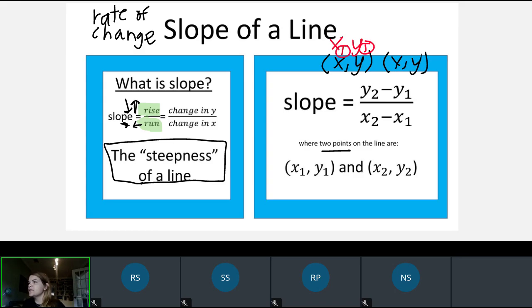It's saying this is the x from the first pair and the y from the first pair. This is the x from the second pair and the y from the second pair. Because we don't want to get our x's and y's confused. So the slope formula tells us we're going to take the y value from the second pair, subtract the y value from the first pair. We are then going to divide and take the second x value and subtract the x value from the first pair.